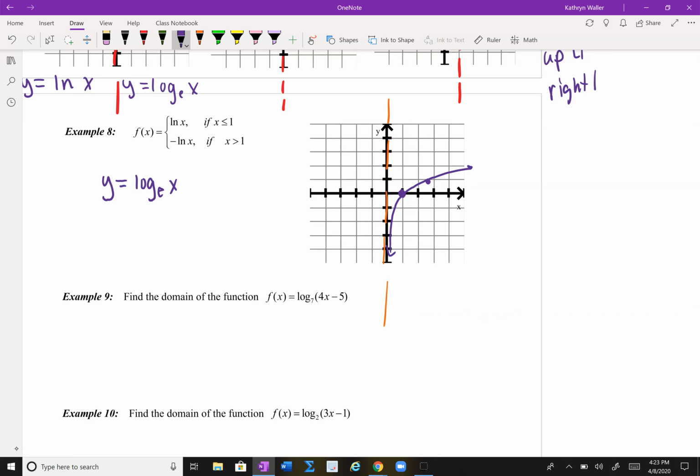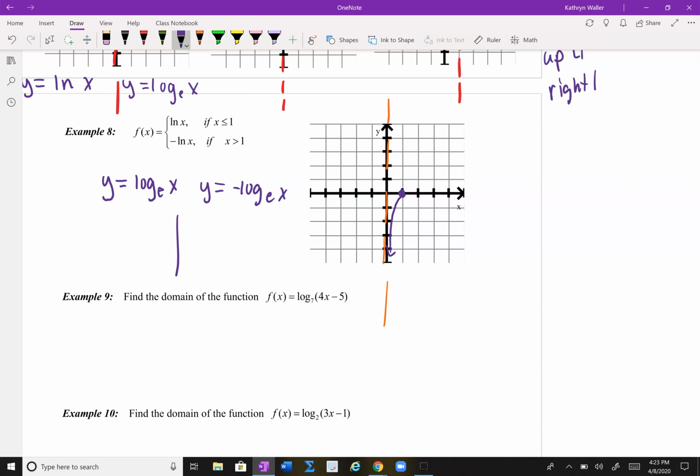Okay, the only piece of that graph that's supposed to be there are those that have x values of 1 or smaller. So here's 1, smaller is to the left, so all that to the right would go away. Okay, now let's do the next one. So what I'm graphing is y equals negative log base e of x, or negative ln x.